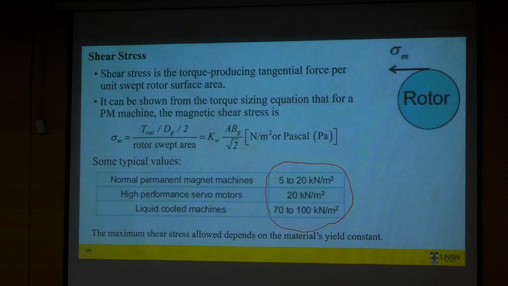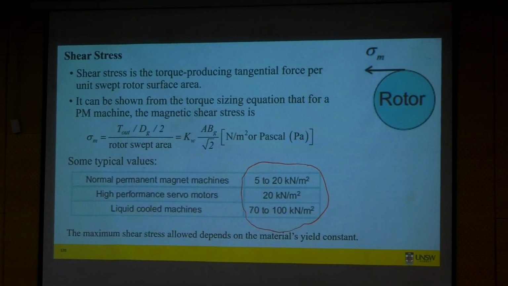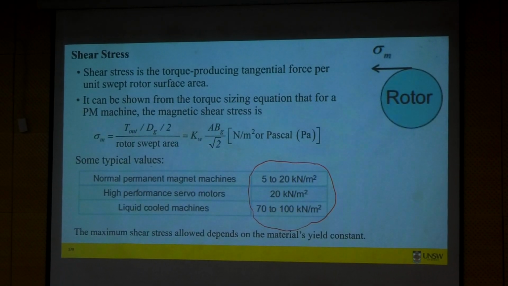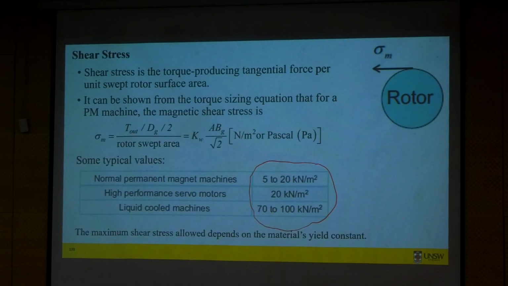In fact, this shear stress becomes a very important parameter when you design motors for high speed. So we designed one PM motor for as high as 100 kilo RPM, right? 100,000 RPM.